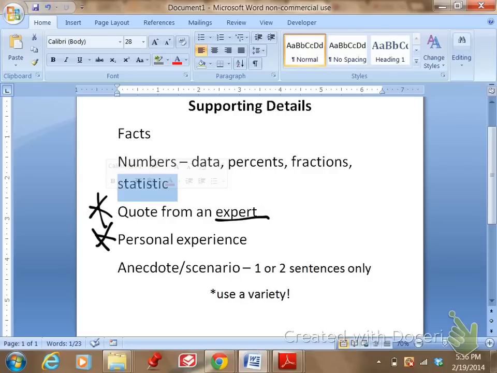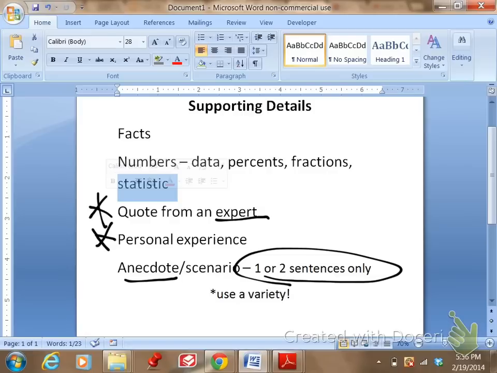And then finally, the anecdote that we talked about for introductory paragraphs, you can also use something similar to show support for your topic and use that in the body paragraph. But just be aware that you only want to use 1 to 2 sentences and no more, because once you start going over 1 to 2 sentences, then you're going off on a narrative route, and that is not the purpose of an expository essay.